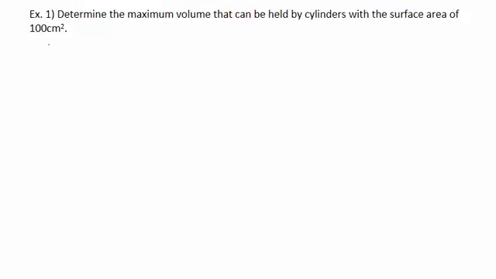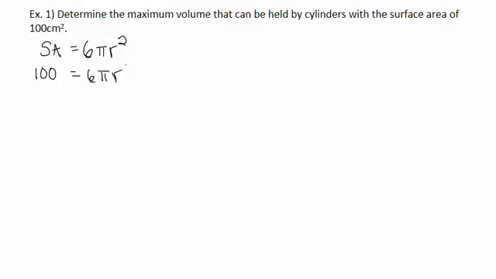So from above, we know surface area is equal to 6 pi r squared, and we know to use these formulas because the question says determine the maximum volume, so we know what our optimization equations are. And now let's plug in our 100 for the surface area, and let's solve for r.